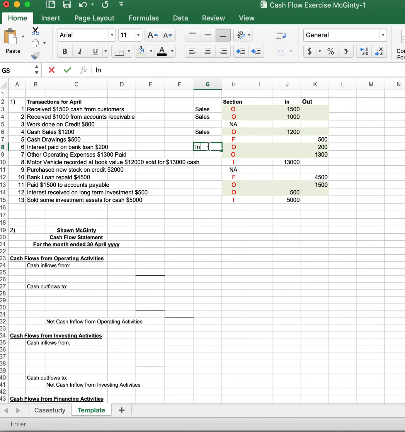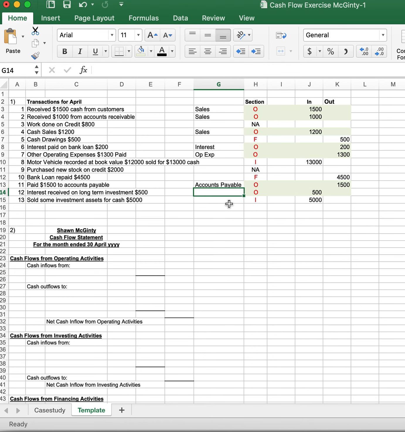It's interest. Other operating expenses. Okay, accounts payable. Interest received.